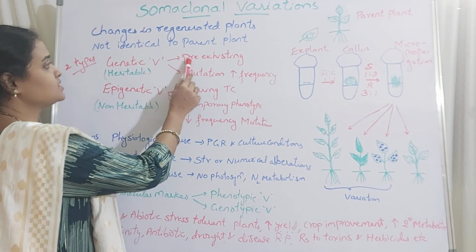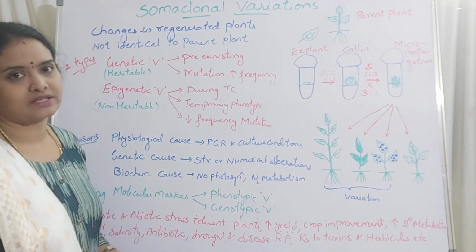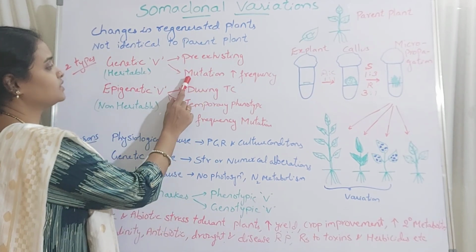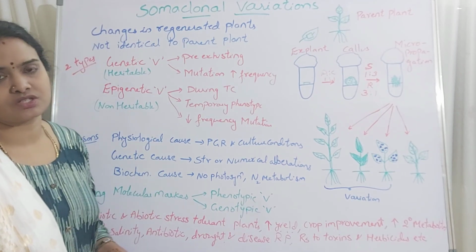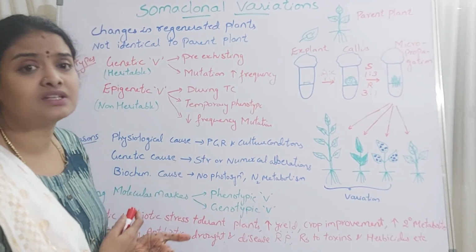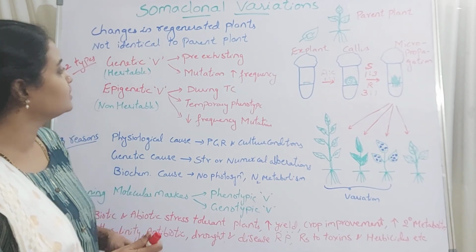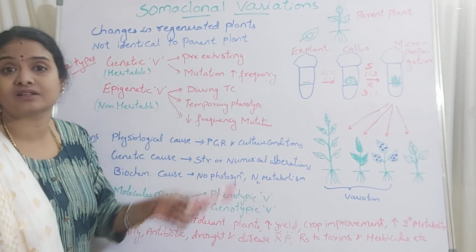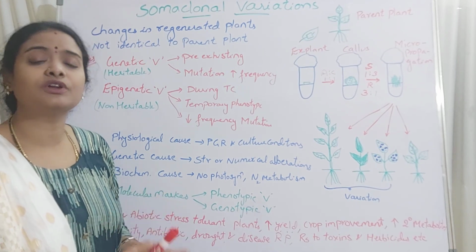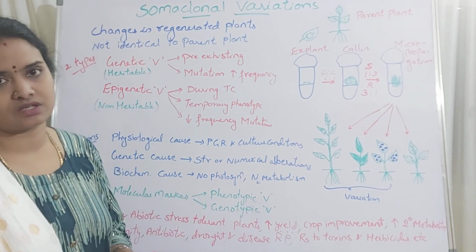Because the change has occurred in the somatic cell. The other is due to mutations. If the frequency of mutation in the DNA is high, that cannot be reverted and it will be inherited by the next generations.